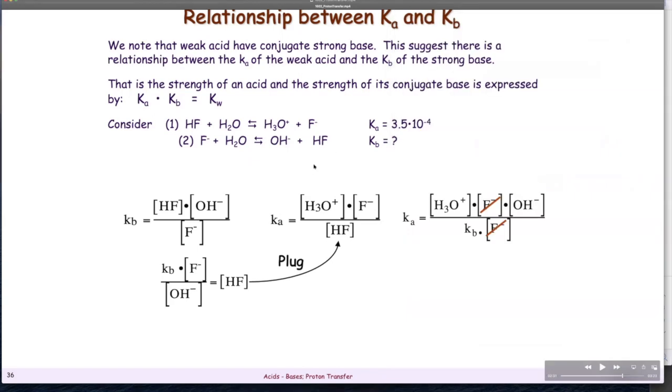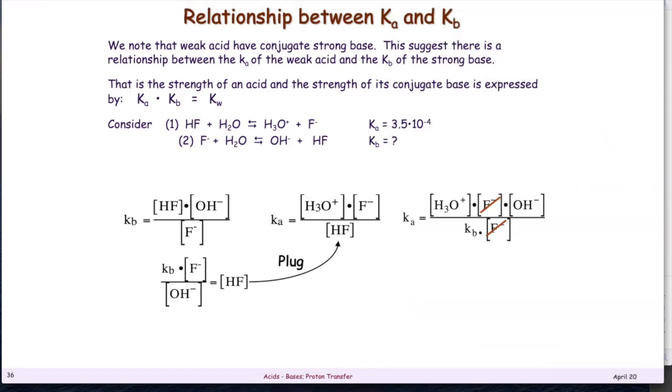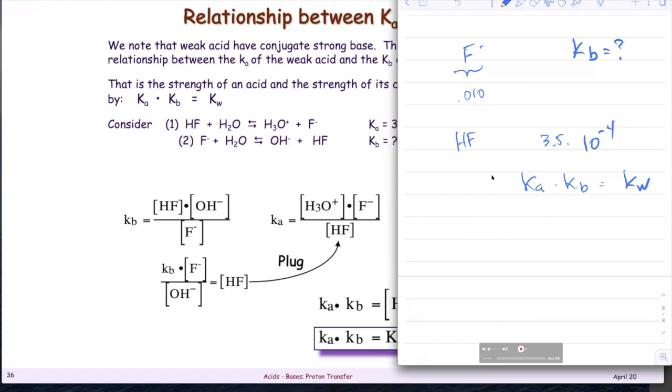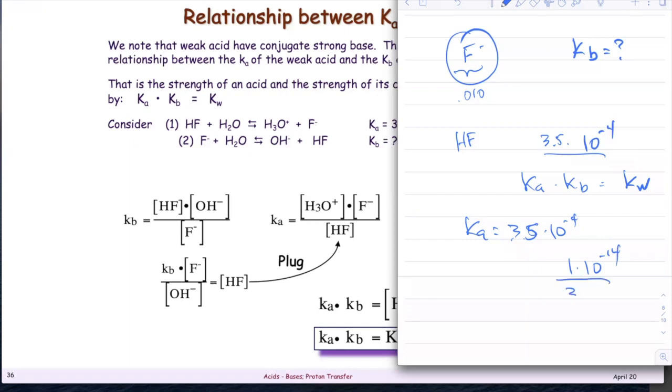According to this slide, your Ka is 3.5 times 10 to the minus 4. So let me just do this for you. If my Ka is equal to 3.5 times 10 to the minus 4, and I don't know what my Kb is, then I can just do 1 times 10 to the minus 14 divided by 3.5 times 10 to the minus 4.